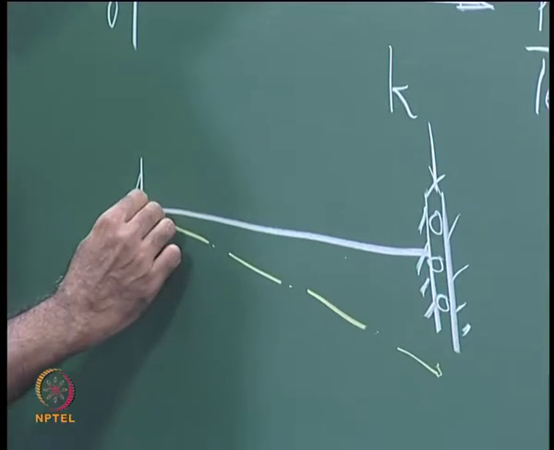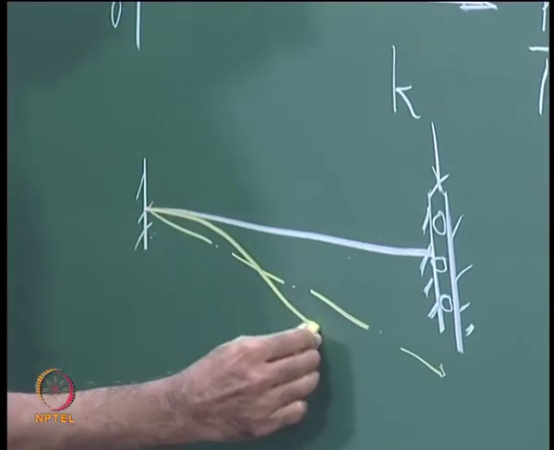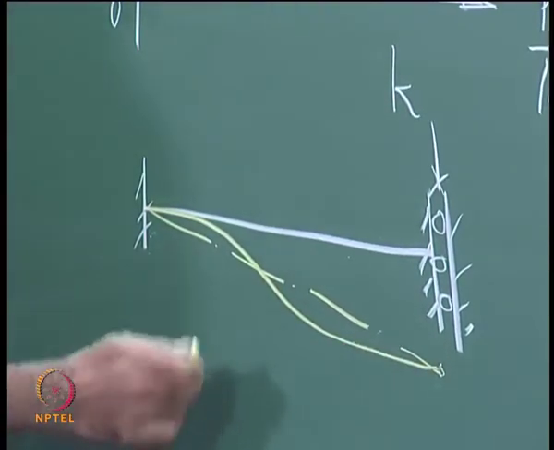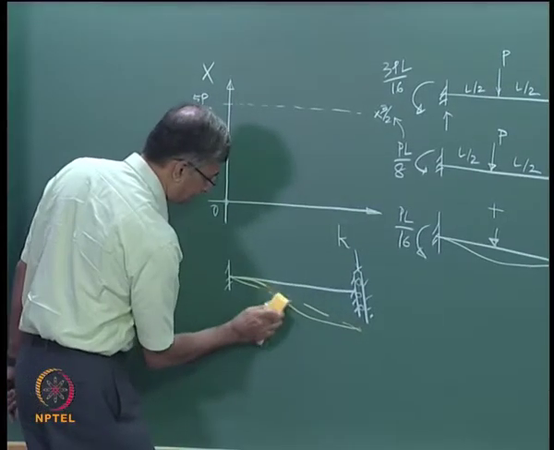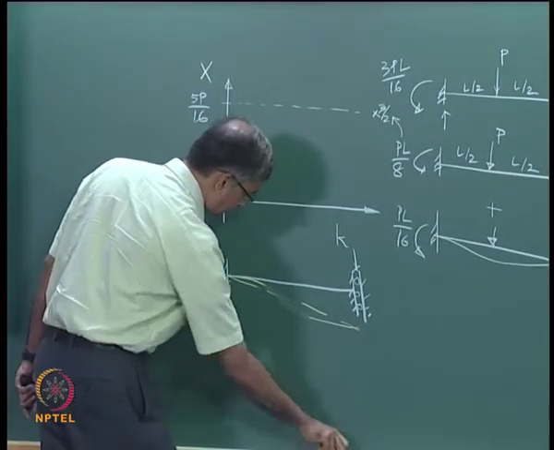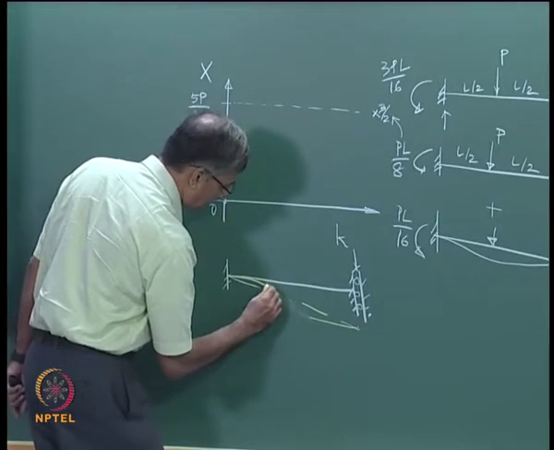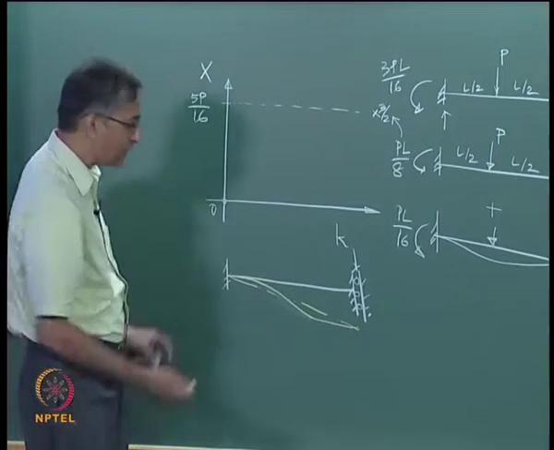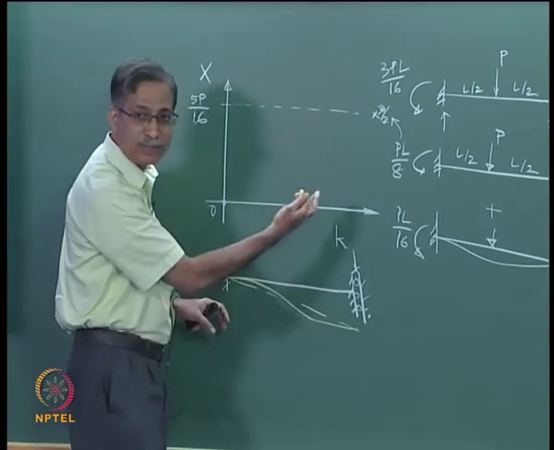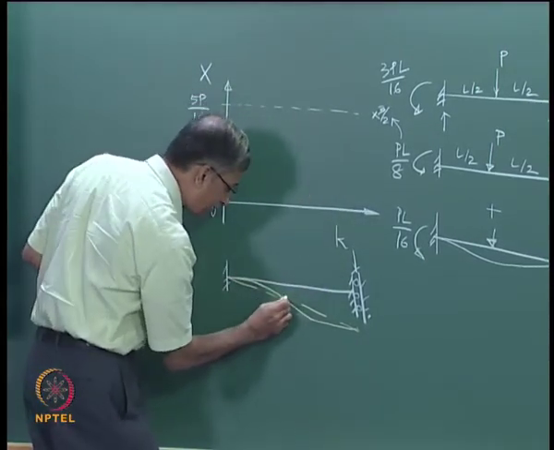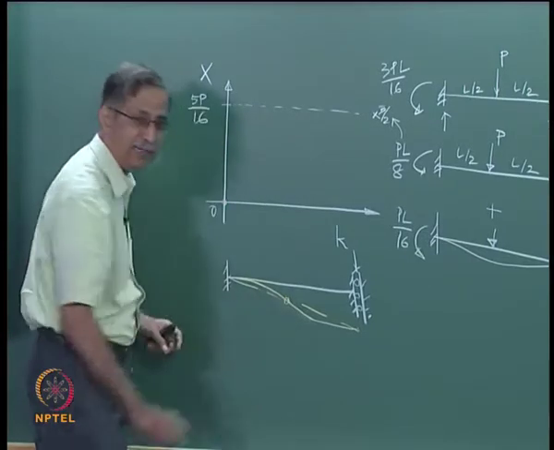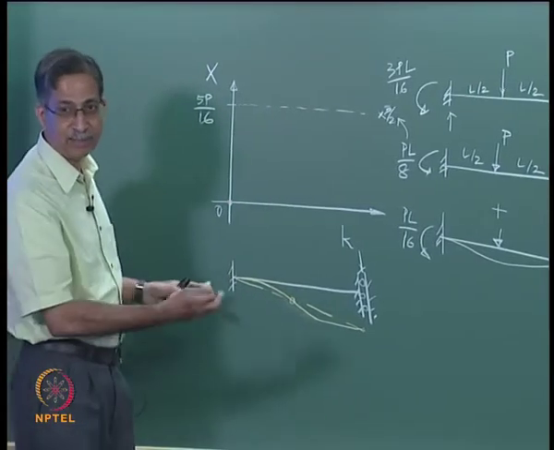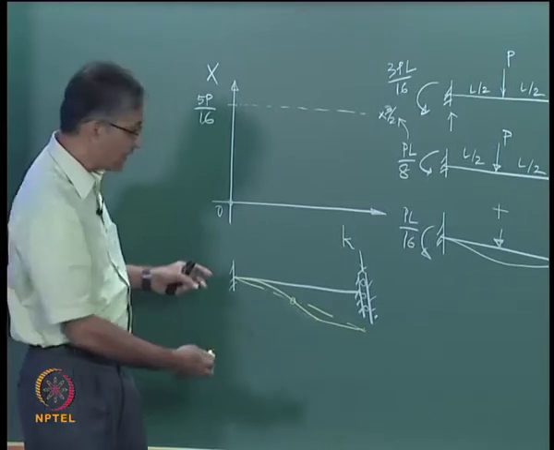The deflected shape will be 0 slope there, goes down like that, goes down. Now does it matter whether this goes down or goes up? Can't you feel that the point of contraflexure will be bang in the middle if it is a prismatic beam? Imagine this goes down.